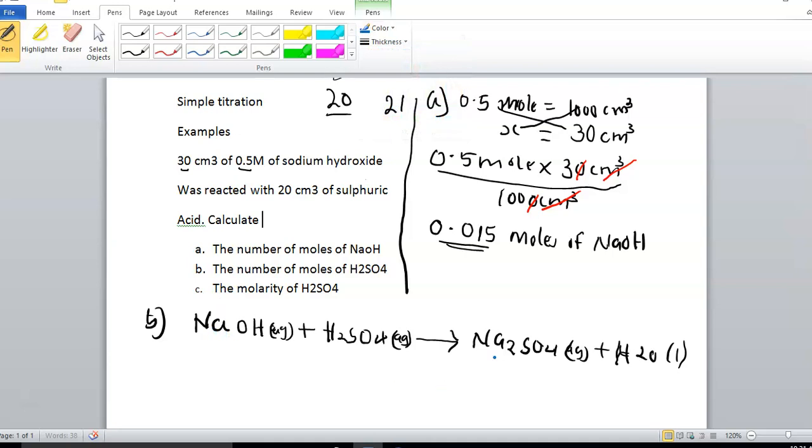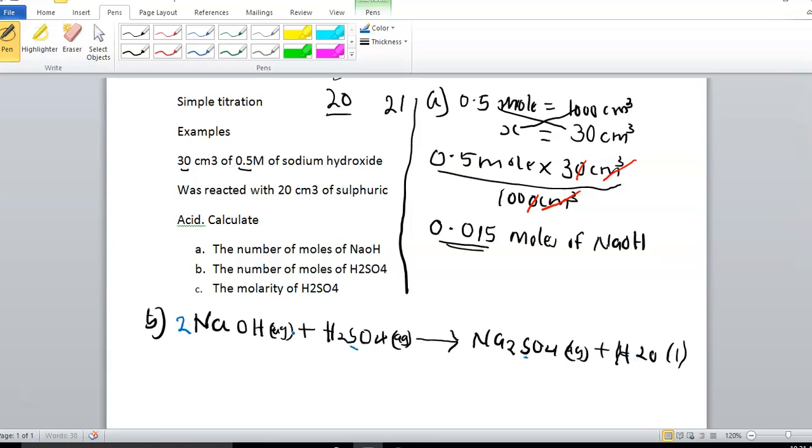Sodium here is 1 and here is 2, so you put 2 here. Then you balance sodium. Let's also balance sulfur: sulfur is 1 here and 1 here, it's balanced.